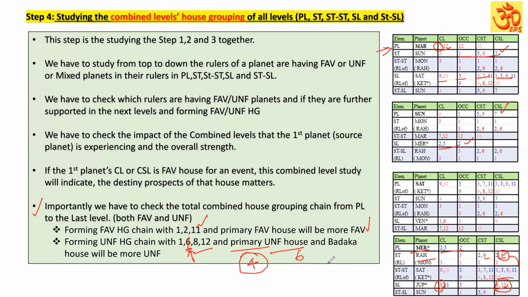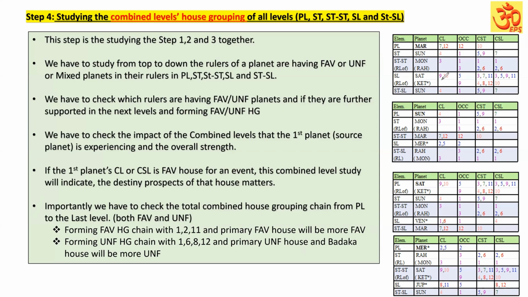Now, in this step number 4, I was explaining how we have to study all the levels, top to down, each level combined, and overall how this planet gives its effect and result, and what strength it has, especially what the source planet, that first level planet, is experiencing at the star level, and as further decided by the sub level.